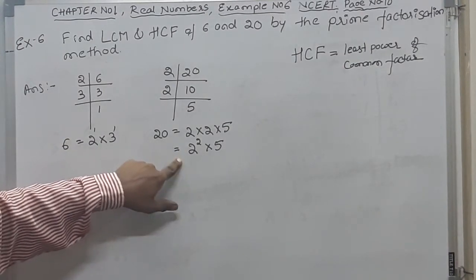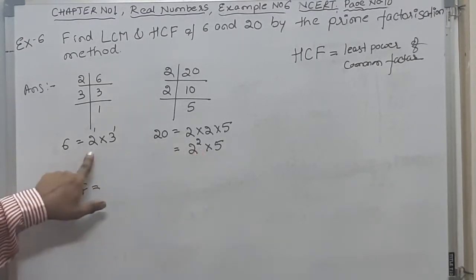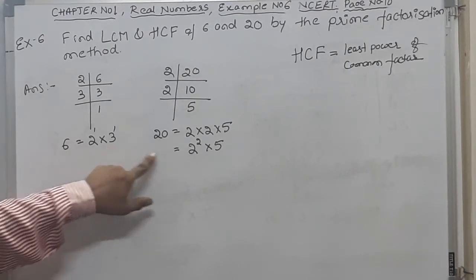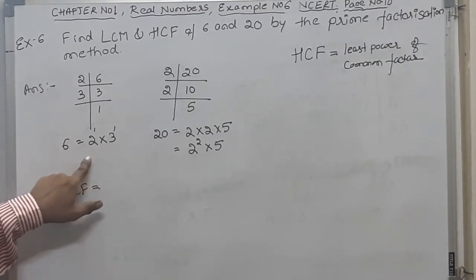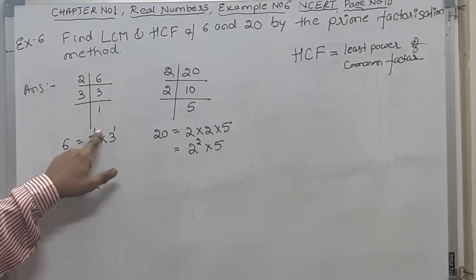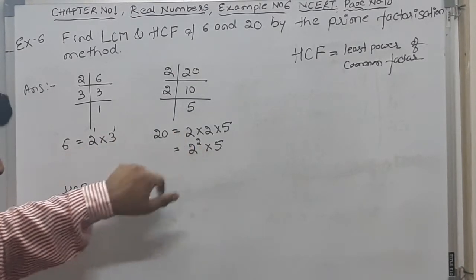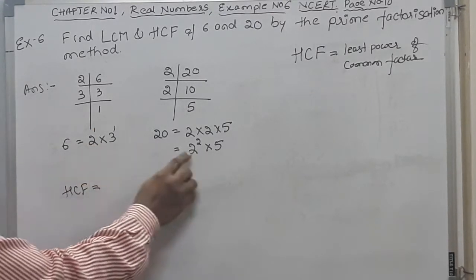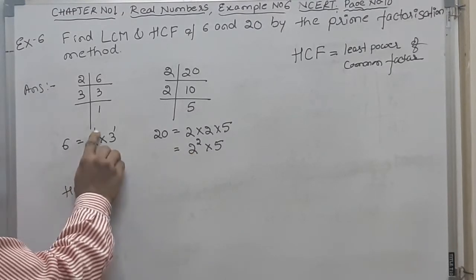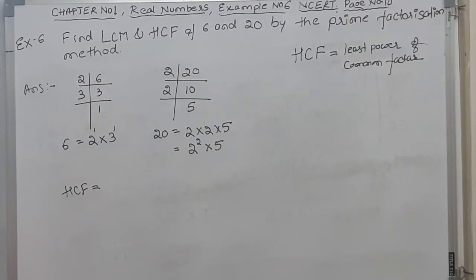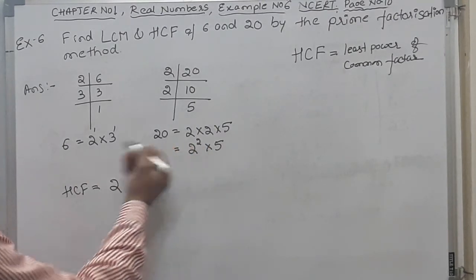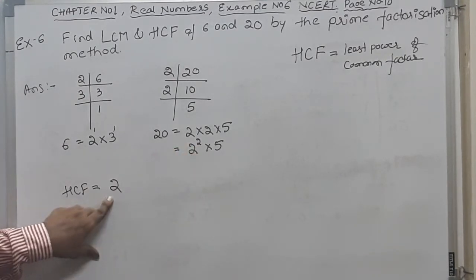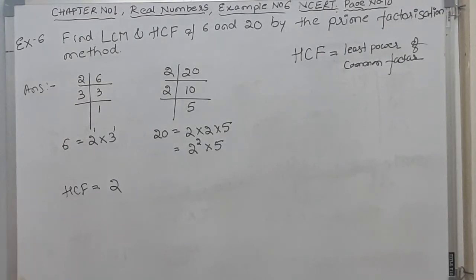Here 2's power is 1 and here 2's power is 2, so the least power is 1. No more common factors are there, so only 2. So 2 is the HCF of these two.